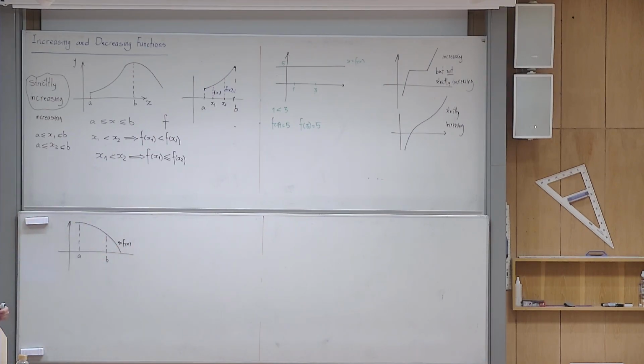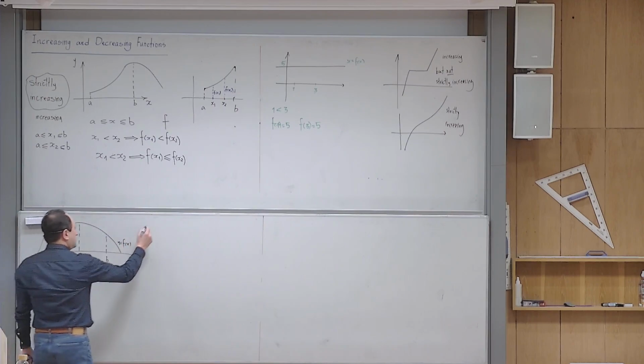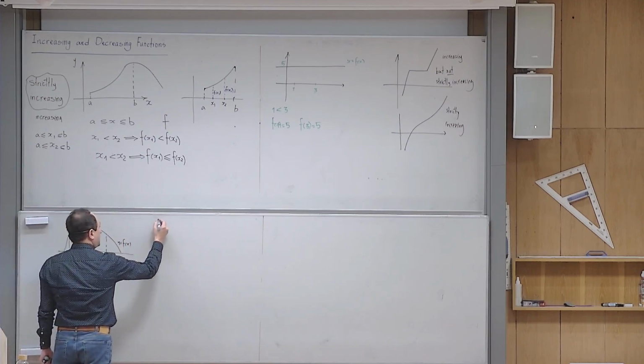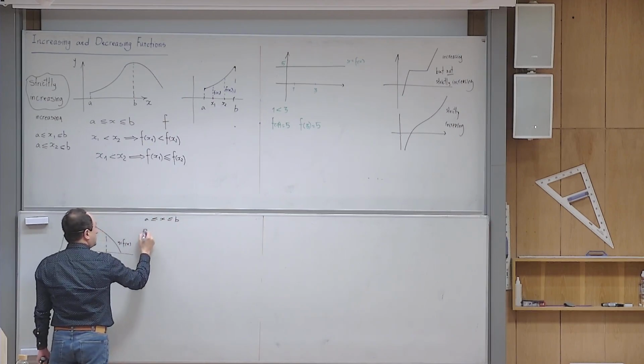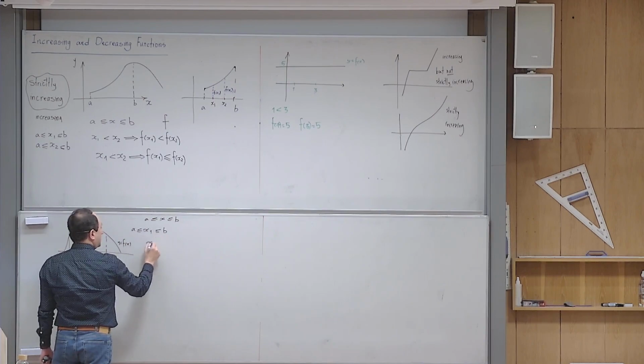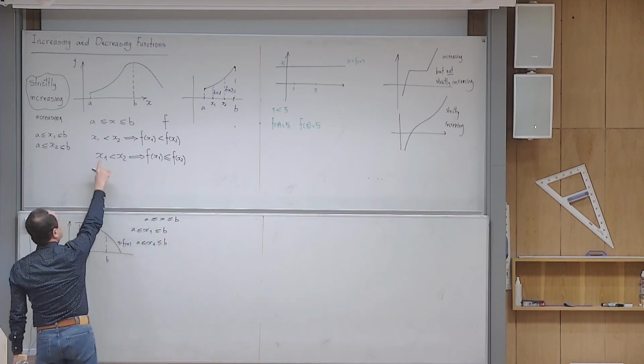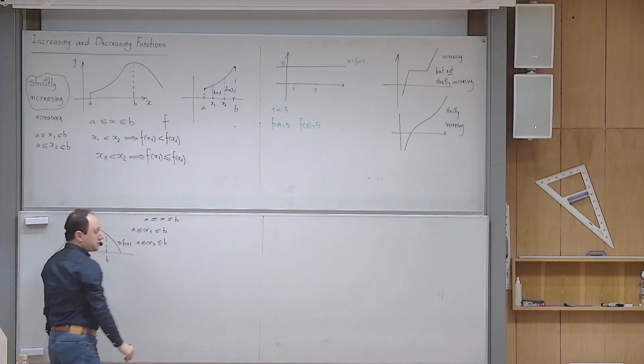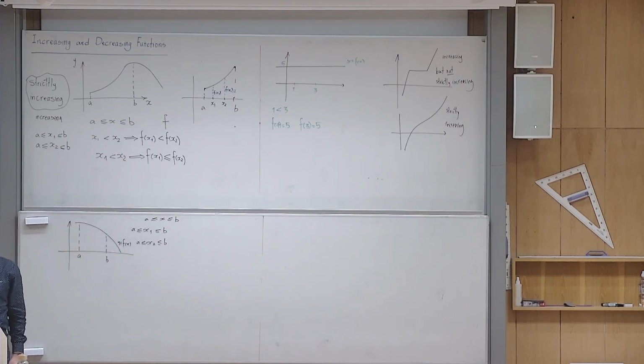That's the meaning of decreasing, or strictly decreasing. But can you define it for me mathematically? So my interval is from a to b, and then I choose two numbers, x1 on that interval, x2 on that interval. I want you to write something similar to this for me for this case. So what should I write now?